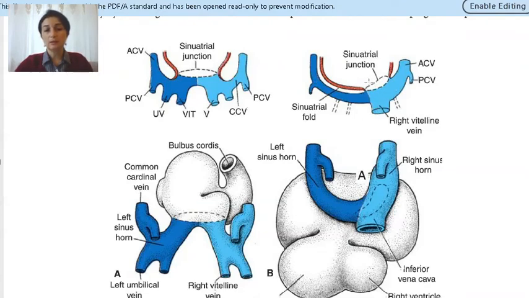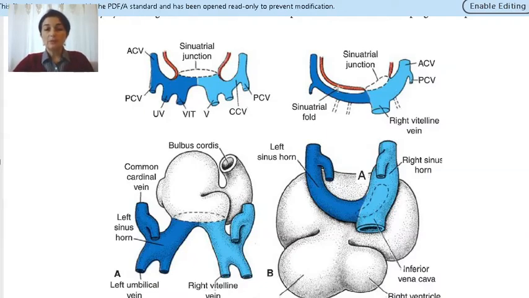As a result the right vitelline vein becomes wider, and the blood shifts to the right side, and that's why the right sinus horn becomes the only communication between the sinus venosus and the right atrium. As we see here, that is the right horn that will form the communication into the heart, into the right atrium.